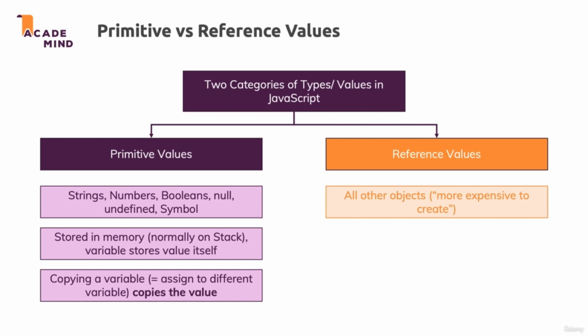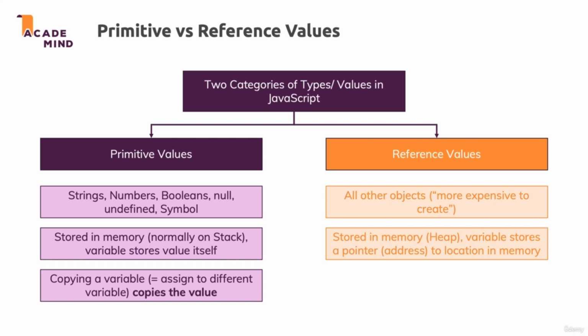Well, these objects, as you can imagine, hold a bit more data than just a couple of characters or just a single number. They're more complex to manage, and therefore creating them takes longer, occupies more memory, and so on. Therefore, the browser typically stores these in the heap, but again, the exact allocation logic is something the browser is responsible for, not you or JavaScript, but that's what the browser does.